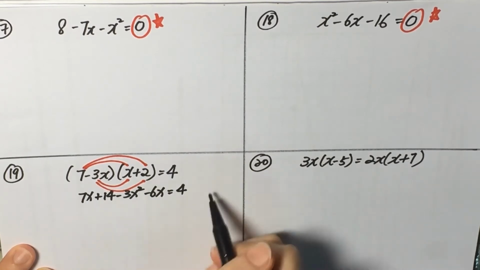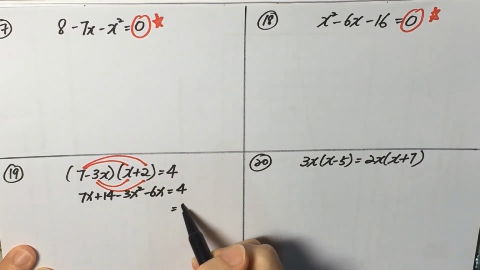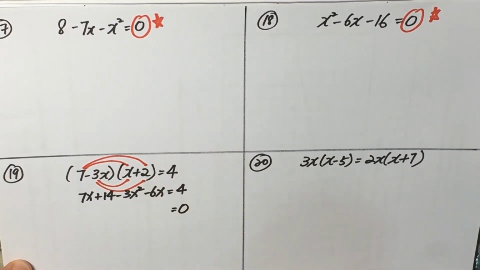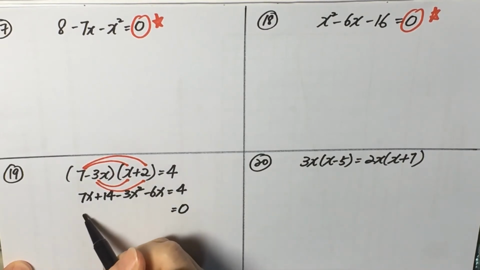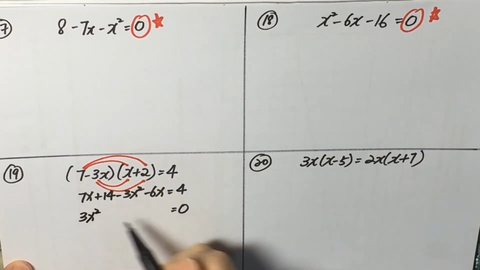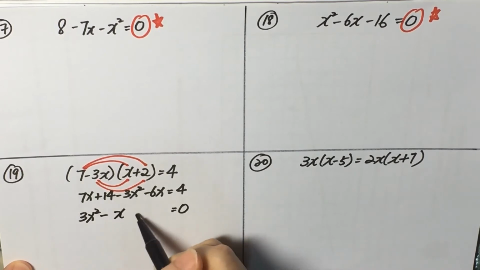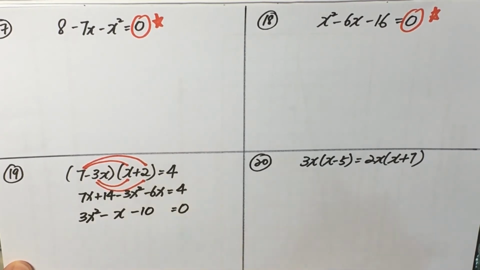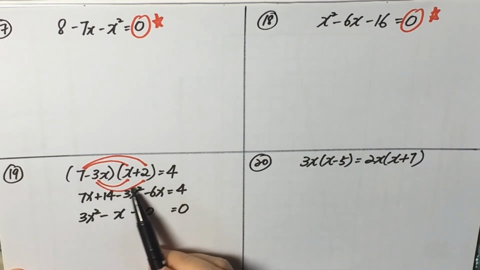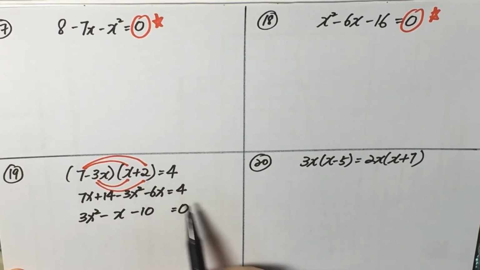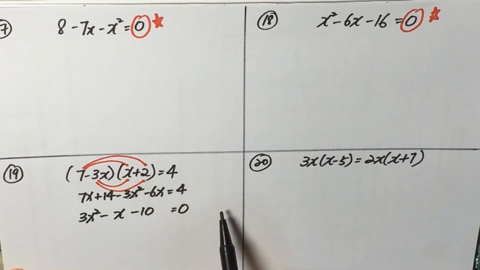Okay, I'm going to rearrange this so that I put one side to be 0. So I'm going to put 3x squared minus x minus 10 equals 0. How did I do it? Can you imagine that I add 3x to both sides so that this is brought over to this side?